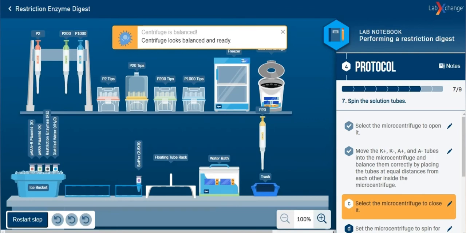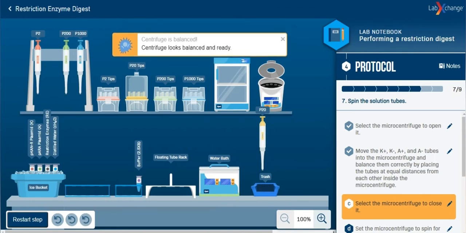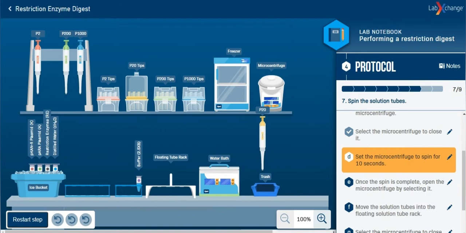Next, select the microcentrifuge to close it, and then set the microcentrifuge to spin for 10 seconds.